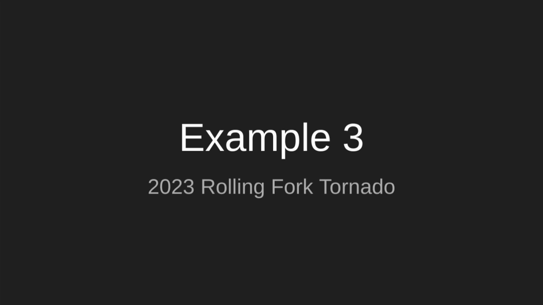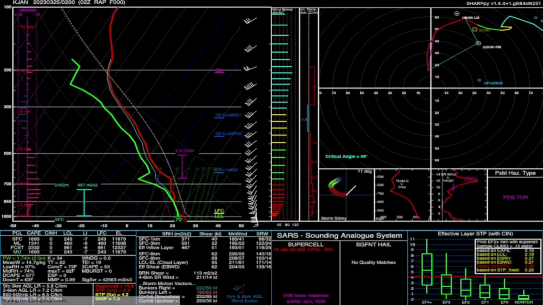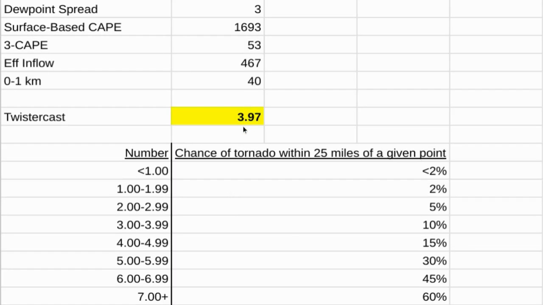Our third example is a little more interesting. This time it is for the Rolling Fork EF4, the strongest tornado of the year. So this is the sounding. Put in the numbers and we get a 3.97, which would land us with a 10% risk.